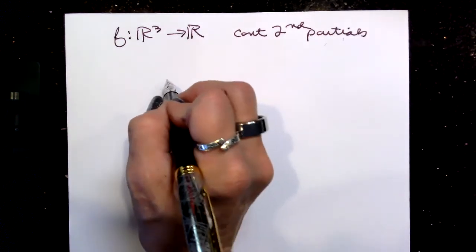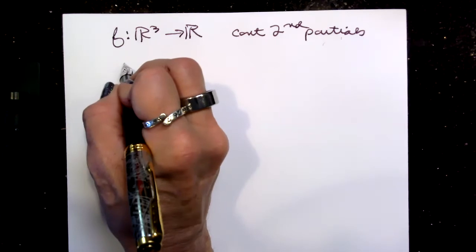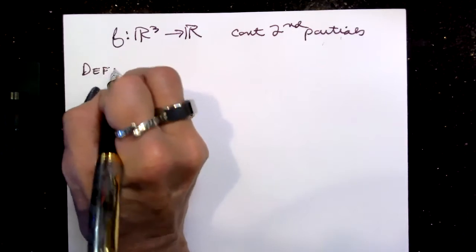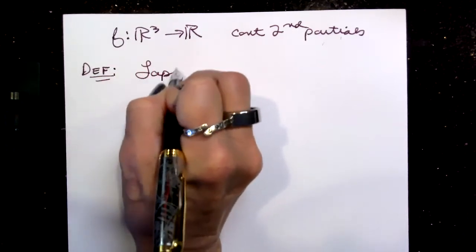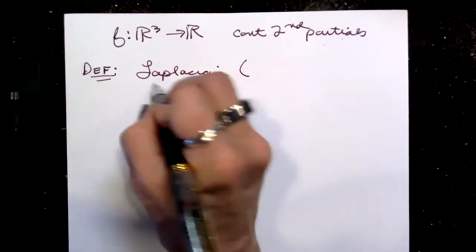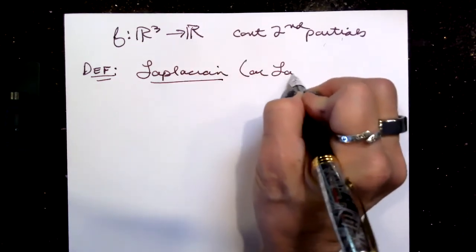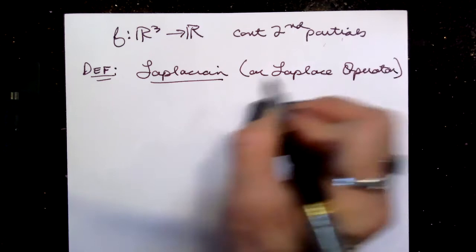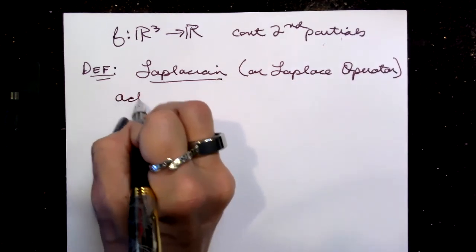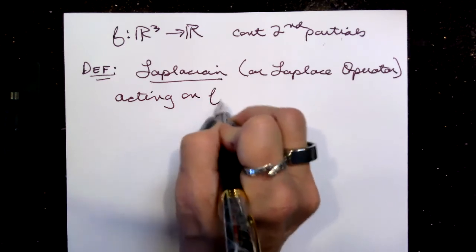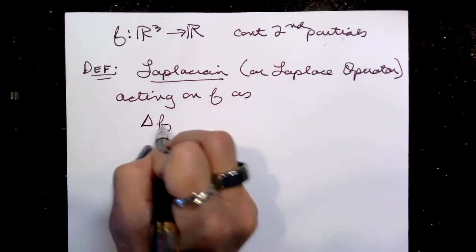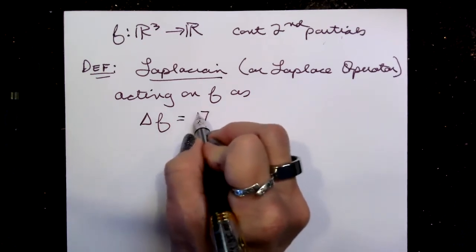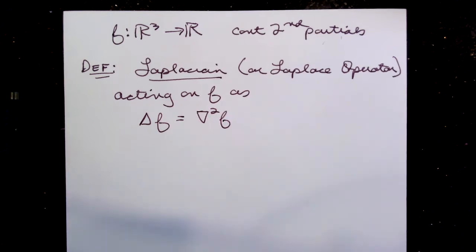And I define the Laplacian, or Laplace operator, acting on f as, a mathematician writes it as delta f. A physicist will write it as del squared f, but they mean the same thing.